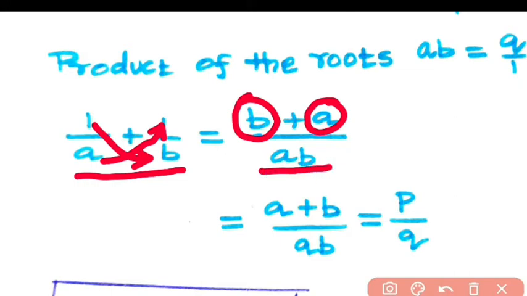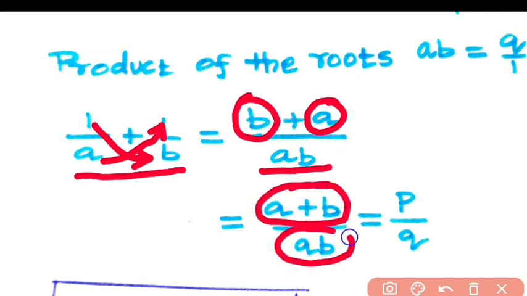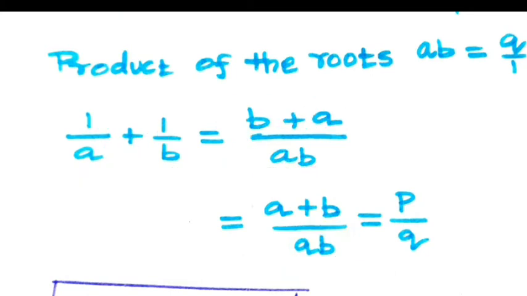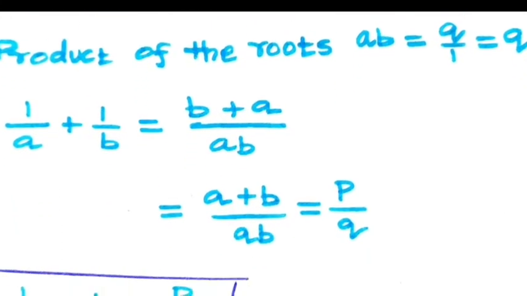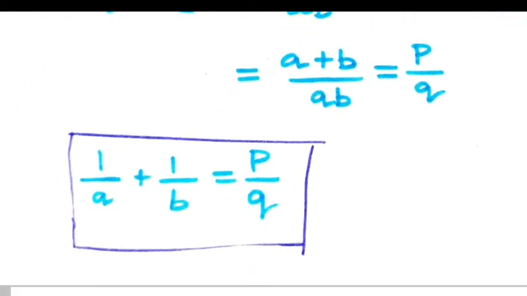So b plus a is equal to a plus b by a into b. The a plus b value is already found as p, and the a into b value is q. Therefore p by q is the value of 1 by a plus 1 by b.